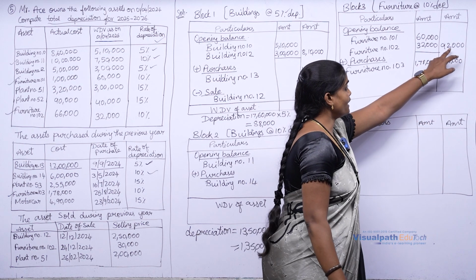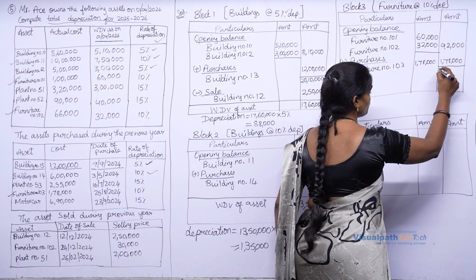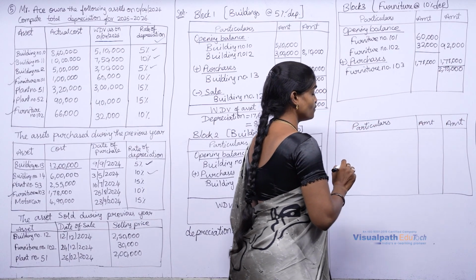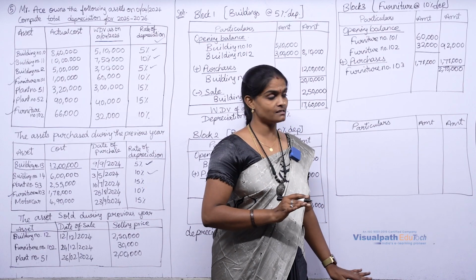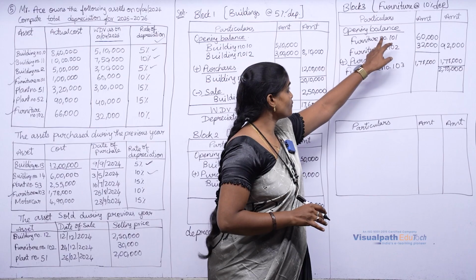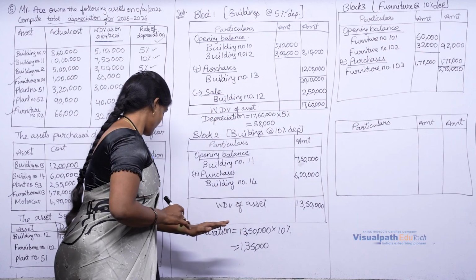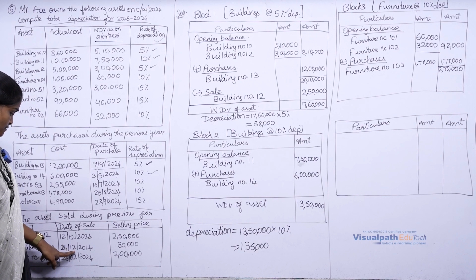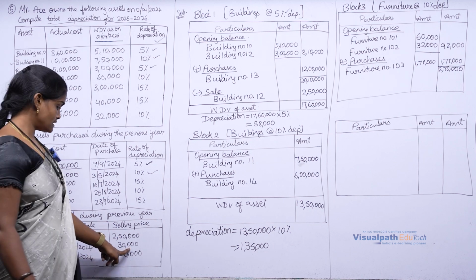Now, add the opening balance plus new purchase. You will get 2,70,000. Now, to this, if at all any asset is sold or all the assets are with you, that you have to check. Now, furniture number 101, 102 and 103 is in the business. Now, you have sold furniture number 102 on 24th December 2024. 30,000 is the value of sale.